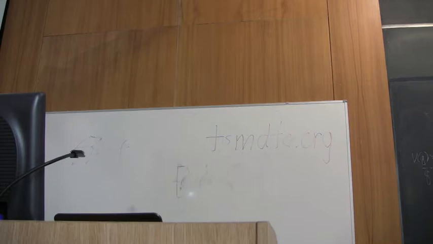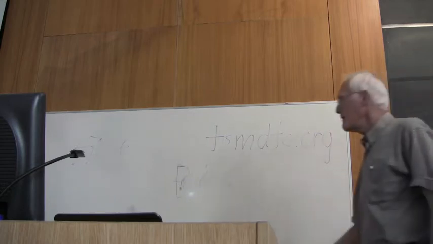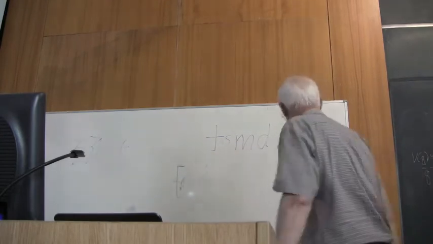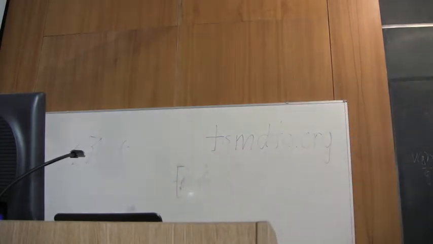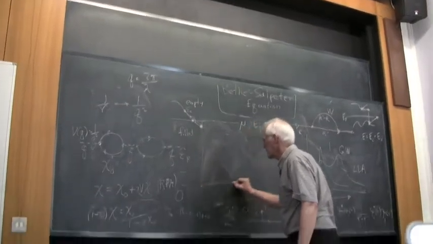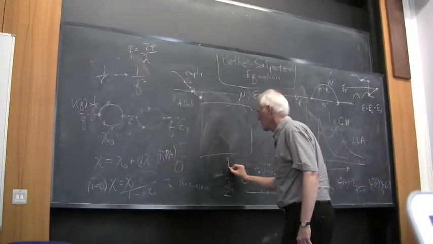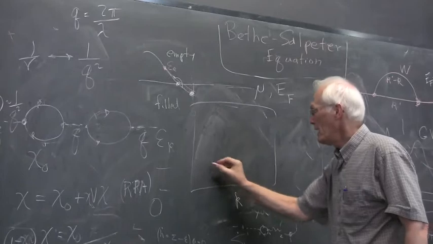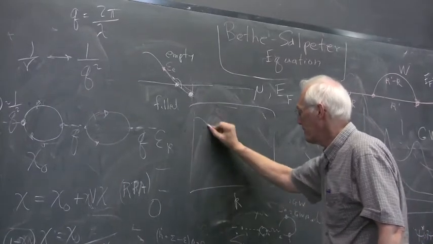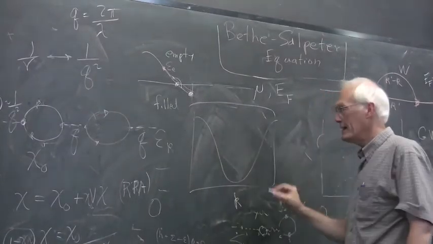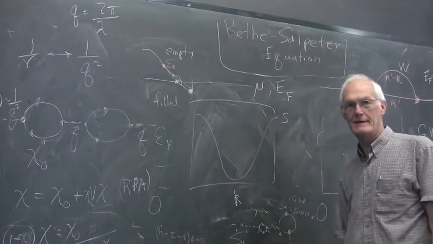So you really need it. But if you have these systems, you tend to have band structures that look like this, as a function of k. Nice wide bands that come from the s states of the atoms.